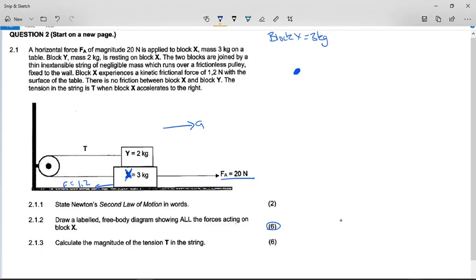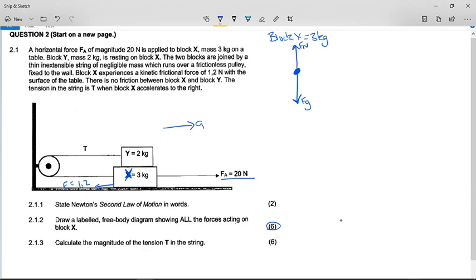So you make your little blob in the middle and you get out your ruler, and the first thing we know is this block weighs 3 kilograms, so acting vertically downwards is the acceleration due to gravity, or the weight of the object, and that is Fg acting downwards. The object is on the surface of a table. The moment any object is on a surface, we have a normal force at 90 degrees.